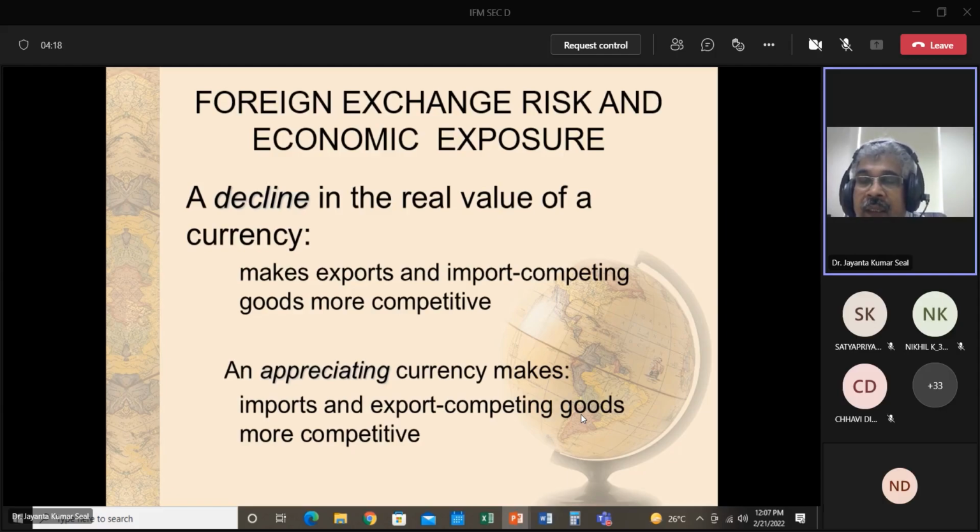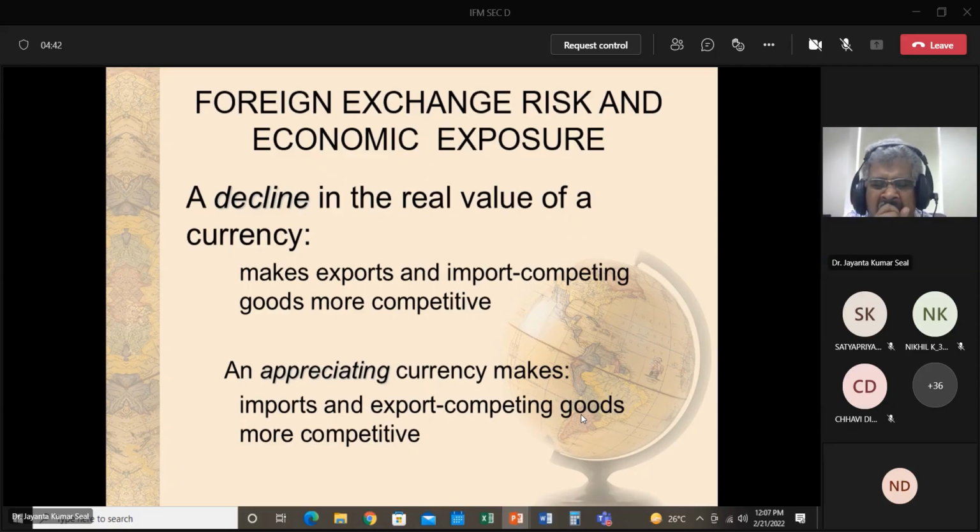Now Sri Lankan tea, which is imported for $1, which was equal to 75, now becomes 76, because it is still imported for $1 and the exchange rate has become 76 rupees. So when you convert, the price of Sri Lankan tea will now be 76 rupees, whereas my homegrown tea will be sold for 75. So one, it makes exports more competitive. Similarly, it also makes import competing goods more competitive.